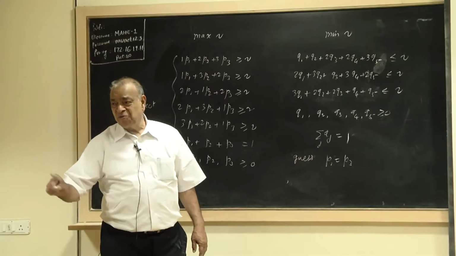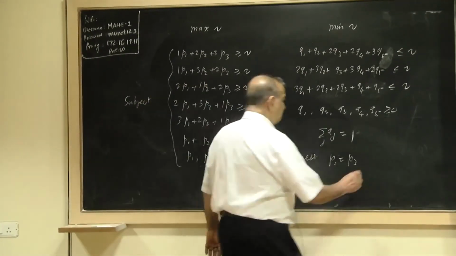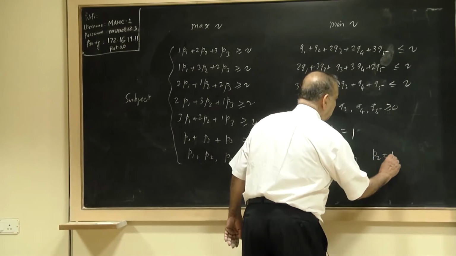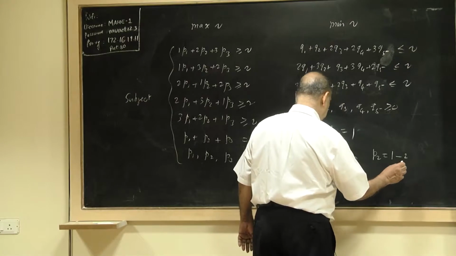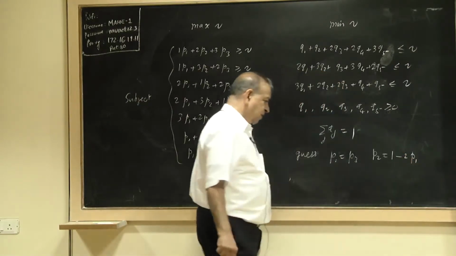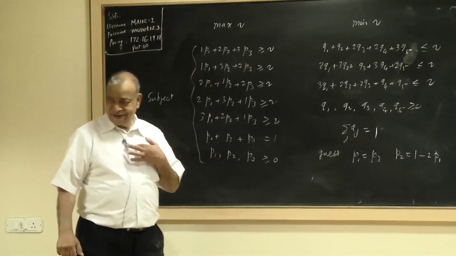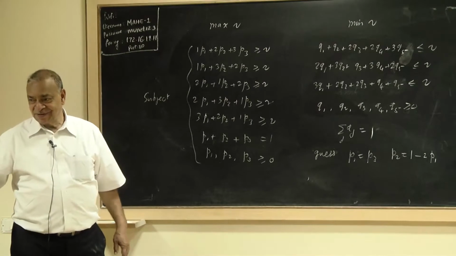But P1 plus P2 plus P3 is 1. So P2 is equal to 1 minus P1 plus P3, that means 1 minus 2P1. Agree? So now I can write down those here.